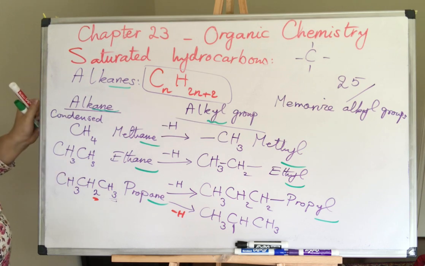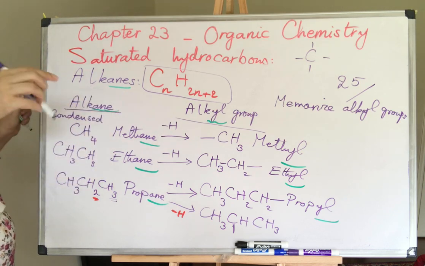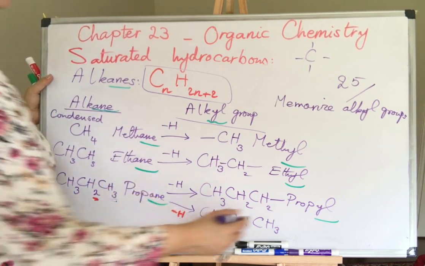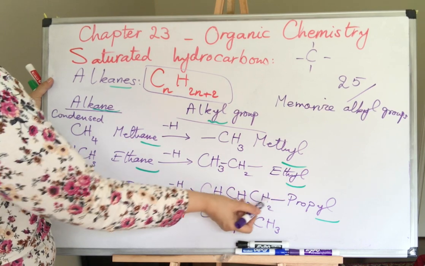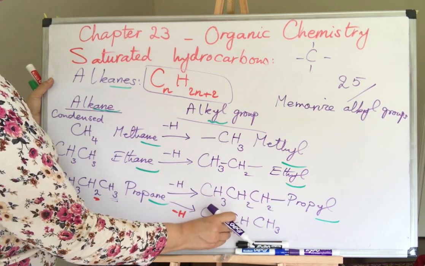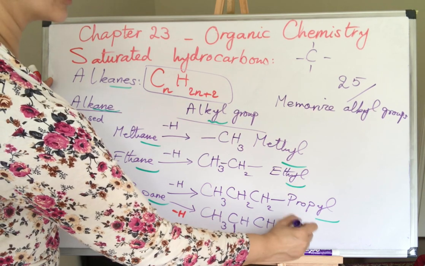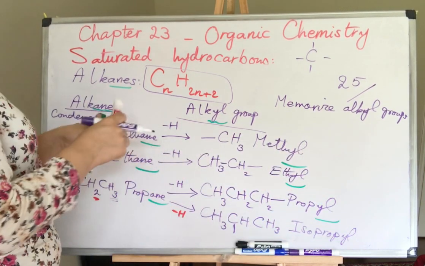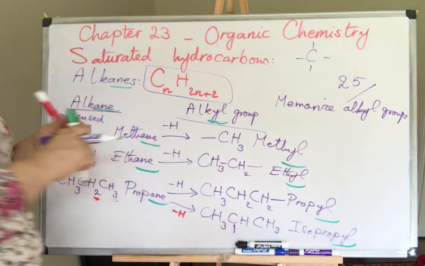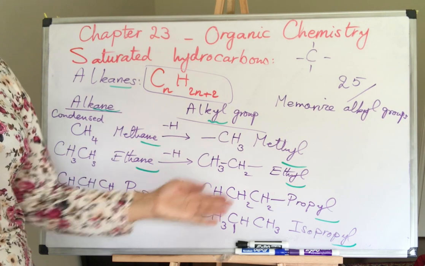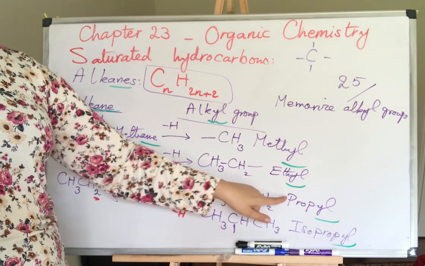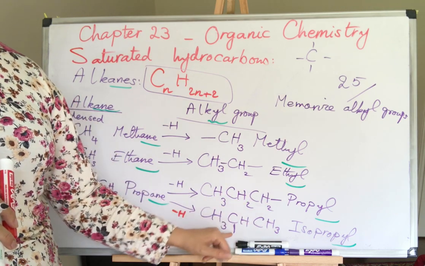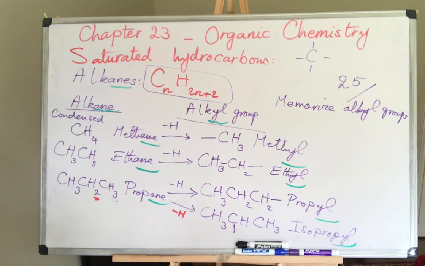In organic chemistry, whenever something is going on the second carbon, you bring a prefix iso. So instead of just a propyl, which connection is at the end, whenever it's on the second carbon, you call it isopropyl. Please try to learn these well, because in the next video, I'm going to start naming, okay? So the difference between propyl and isopropyl is that the connection is from the first carbon on propyl, but on isopropyl, the connection is from the second carbon.